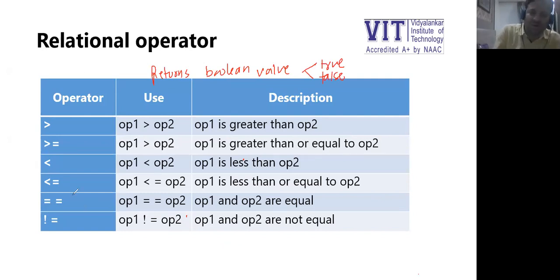This is the equal to operator. Remember this, and you must be aware of this. So this was the relational operator. In the relational operator, the operands will be values, but the result returned will be a Boolean value, true or false.